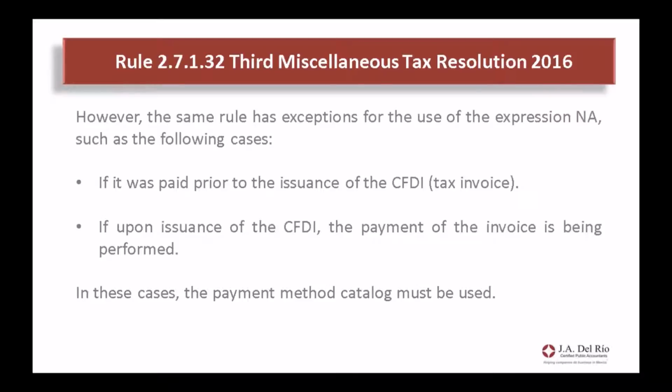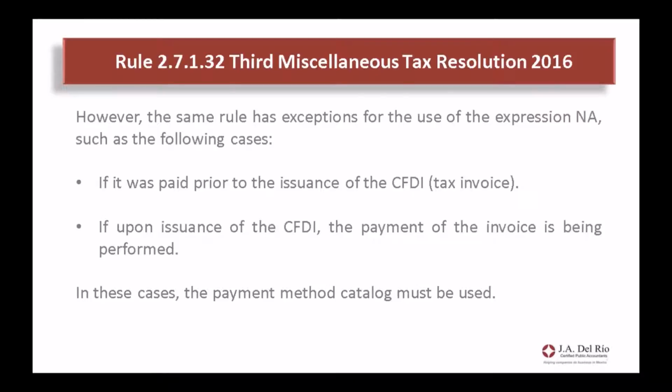Now, in order to summarize, this rule has already given us a benefit of including NA in tax regime, NA for domicile or branch, and the possibility to use NA for method of payment.